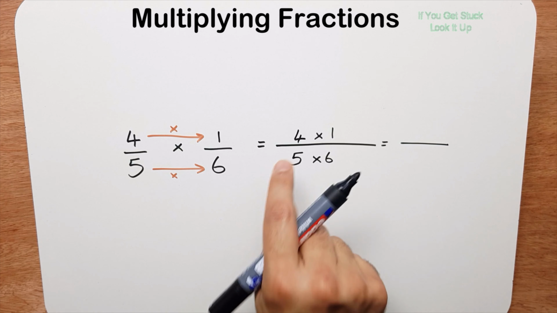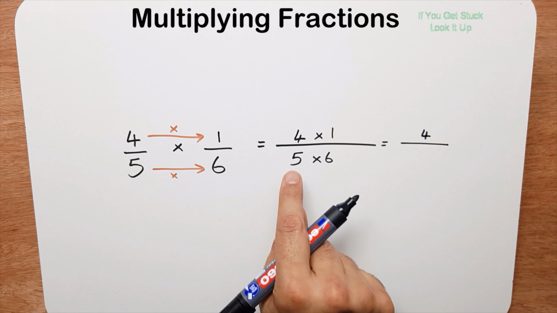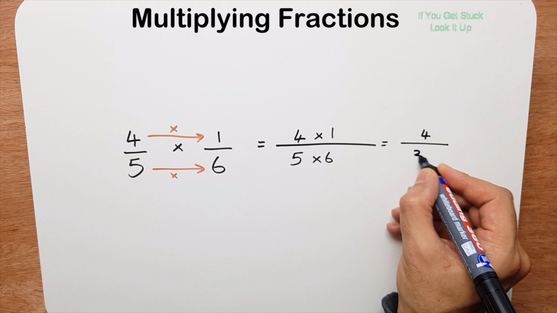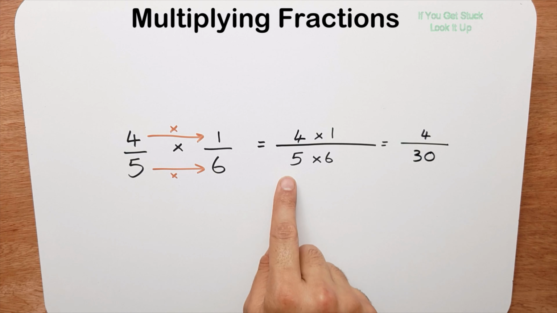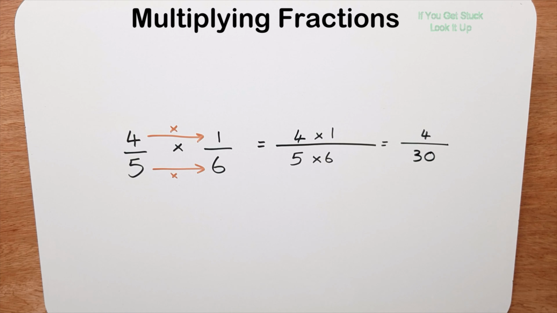Fraction line. 4 times 1 is 4, and 5 times 6 is 30. Now it's useful to know your times tables, so start learning your times tables and your maths becomes much easier.